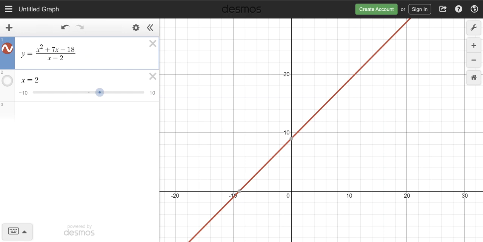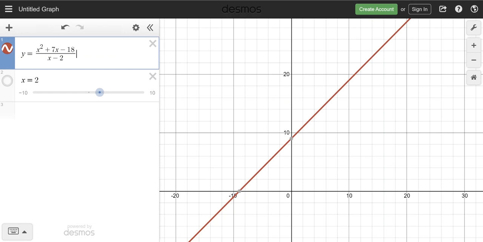How about that? And then you look at the excluded value. The excluded value was x equal to 2. We said you can't have x equal to 2 because it would create a 0 in the denominator of the original function. And it is also a factor of the numerator. And again, this creates something known as the removable discontinuity.